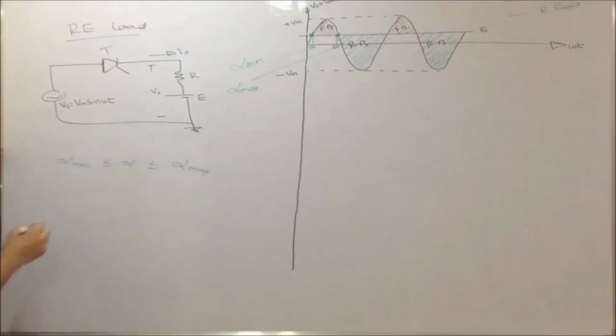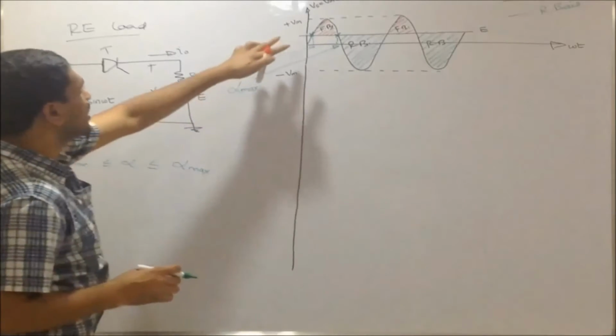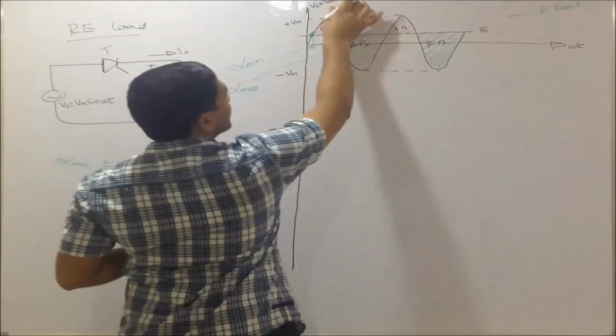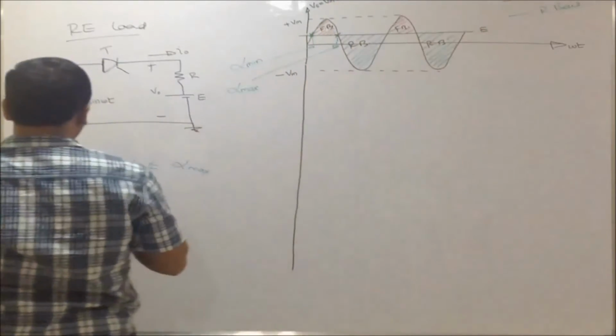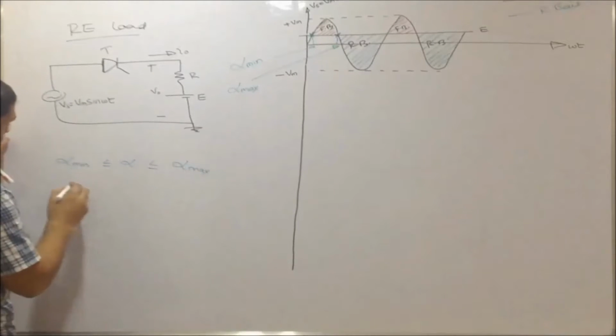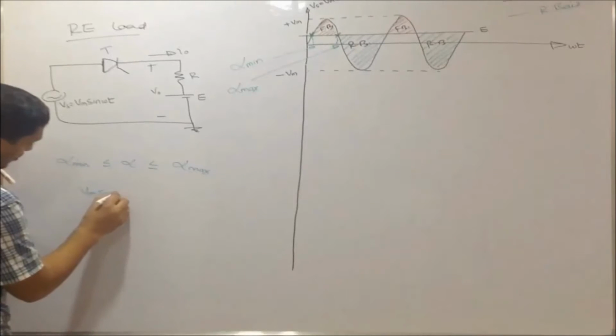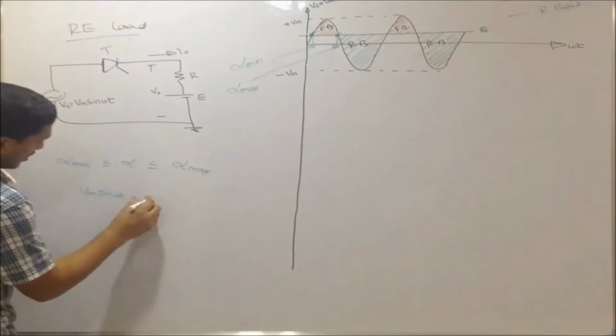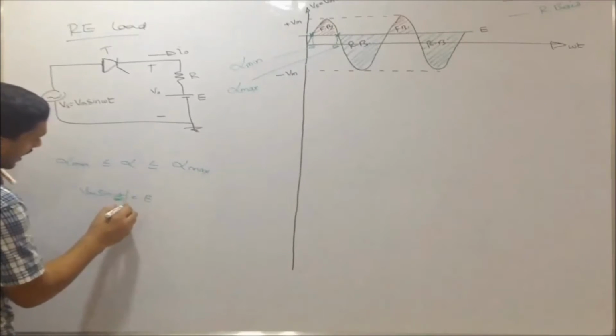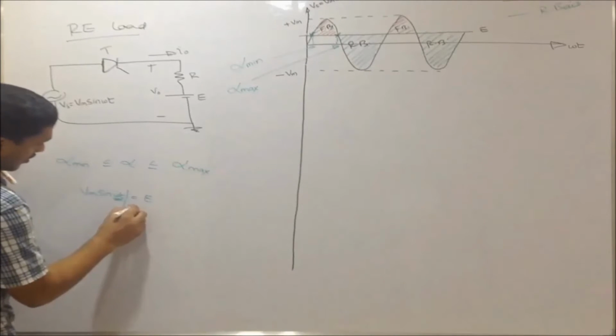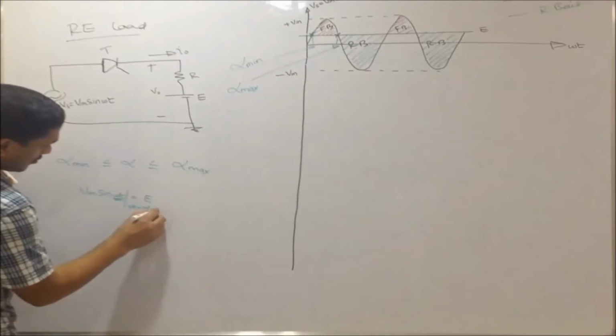What is alpha min? How do you get it? For getting alpha min, we have to equate Vm sin omega t equal to E. At this point, omega t is equal to alpha minimum.